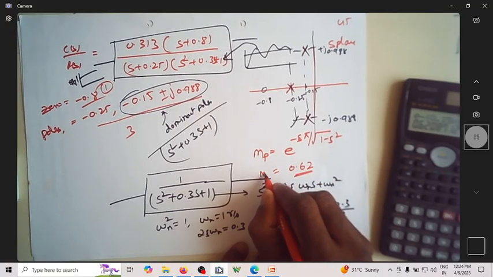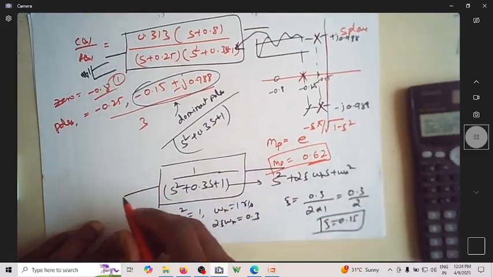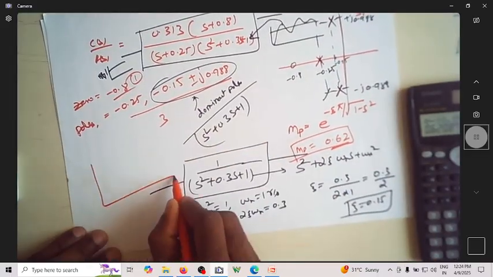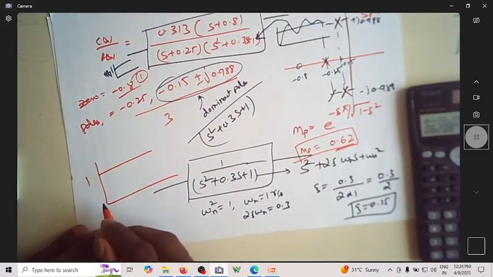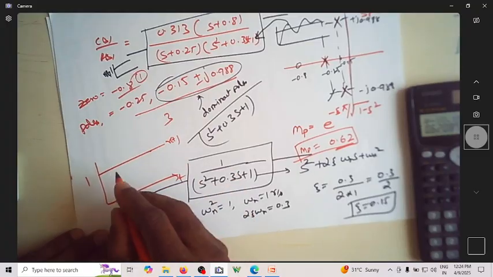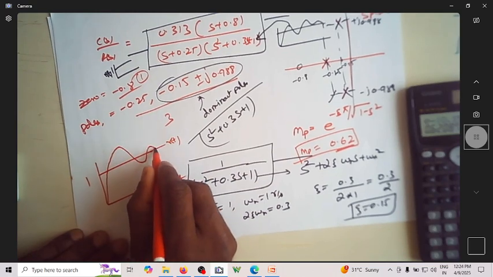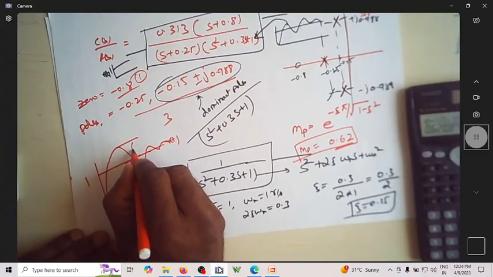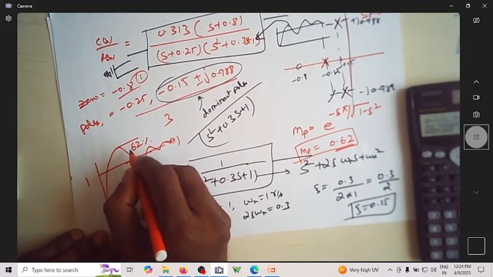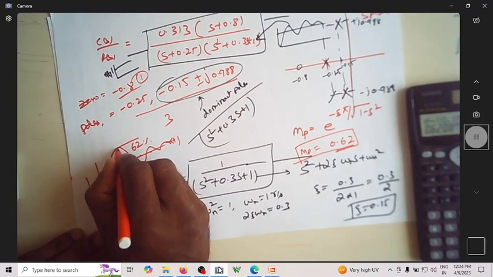So overshoot is 0.62, meaning if you apply a step input of magnitude 1, if this is t and this is r of t, your c of t will have a response something like this. So it will have an overshoot of almost 62%. It's nothing but from 1 it will go up 62% above that.